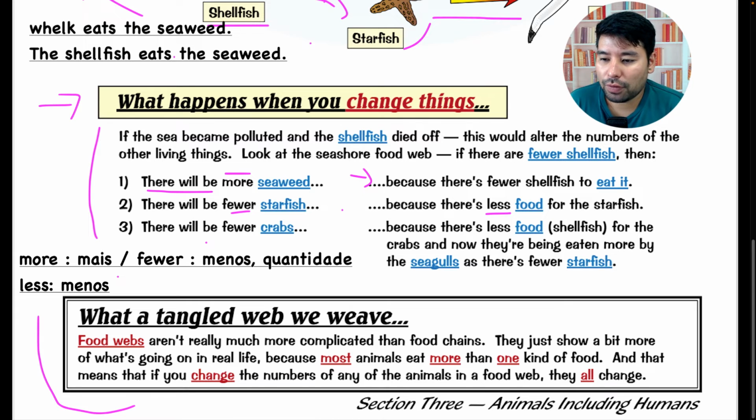So, food webs aren't really much more complicated than food chains. They just show a bit more of what's going on in real life because most animals eat more than one kind of food. And that means that if you change the numbers of any of the animals in a food web, they all change. Very good.